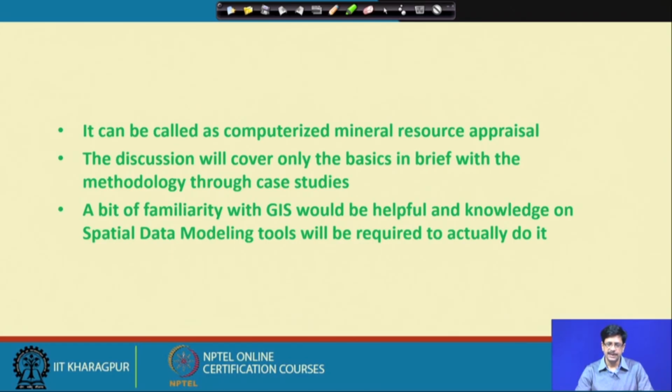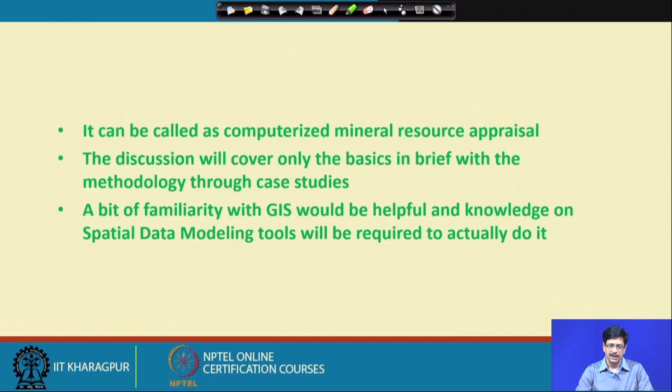The intention here is that some introduction to this concept should be given without getting much into the procedural details or the implementation through software.